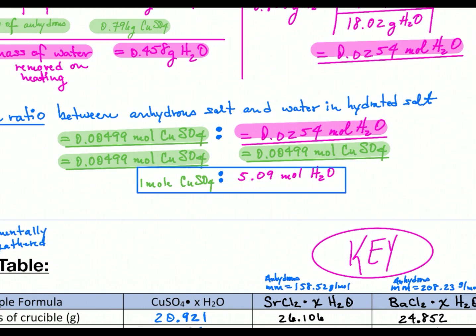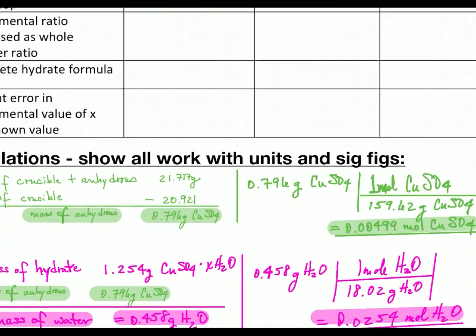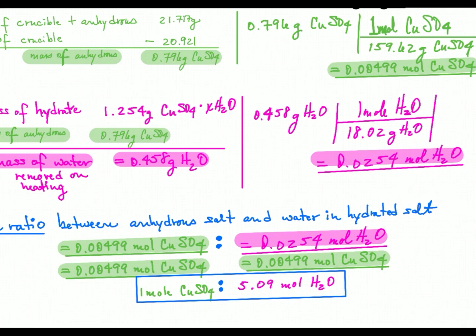So let's look back up at our data table, because there's a place this needs to be filled in. 5.09 is the ratio we got from our experimental numbers. Now we need to grab the water numbers. We forgot to fill those into our table. Let's come back down here. It was 0.458 grams of water.